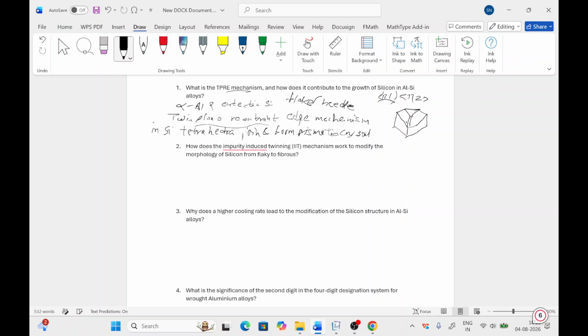So this is two tetrahedra joined, and this plane is the 111 plane, and this direction is 112.